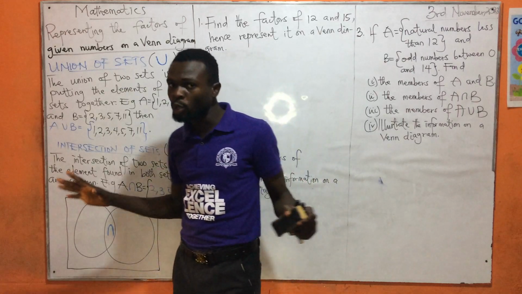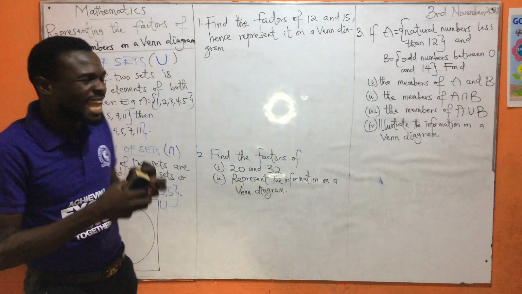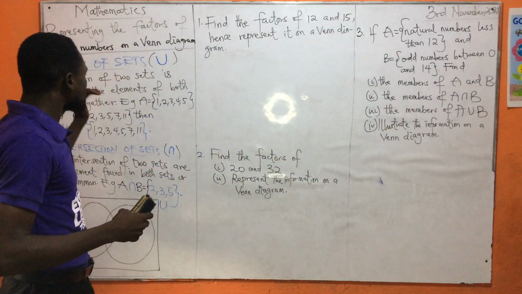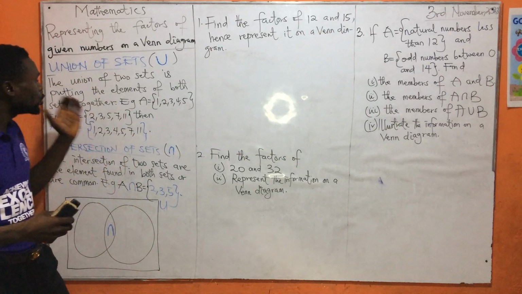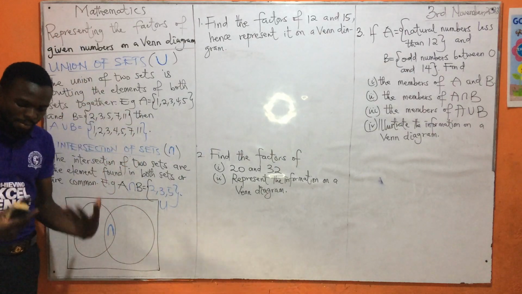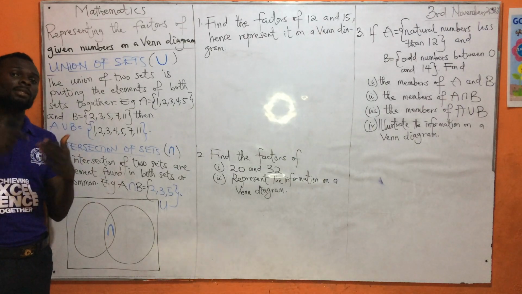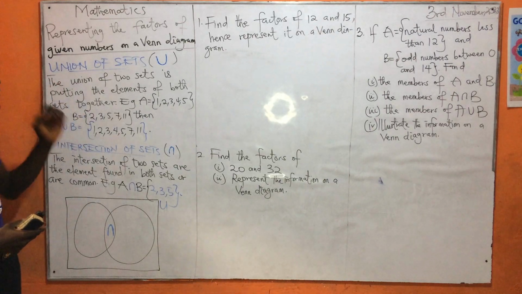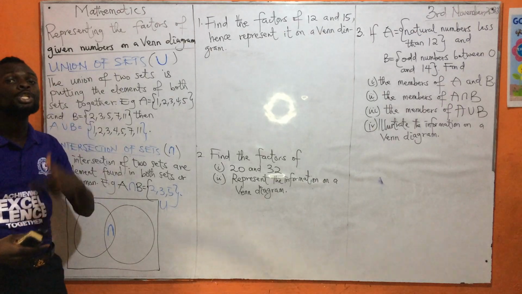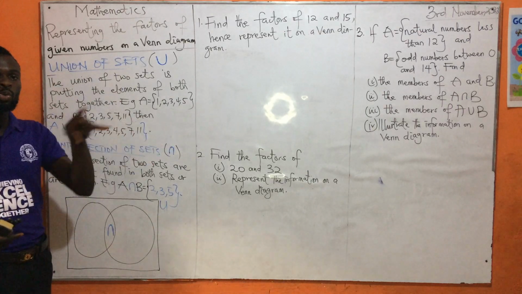In simple terms, putting the elements of both sets together. So the set that I get when I put the elements of both sets together becomes the union of the 2 sets.